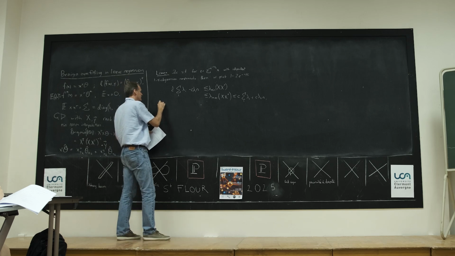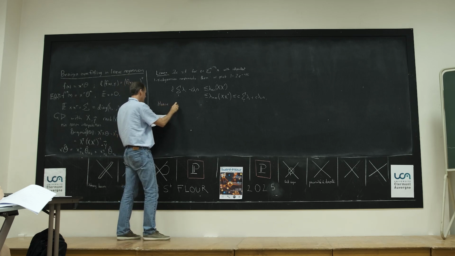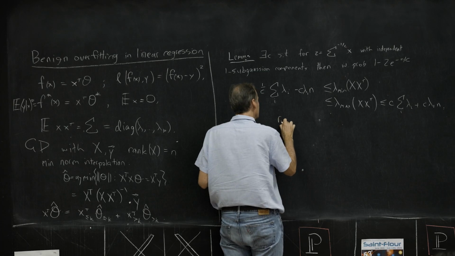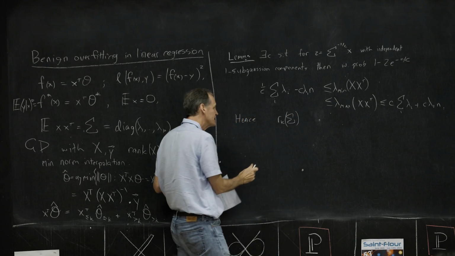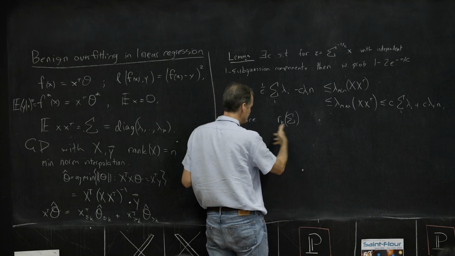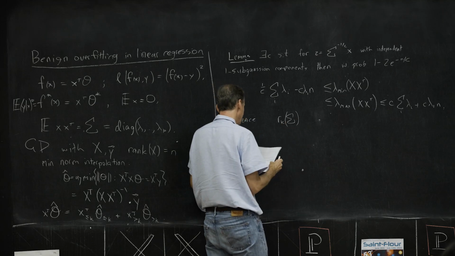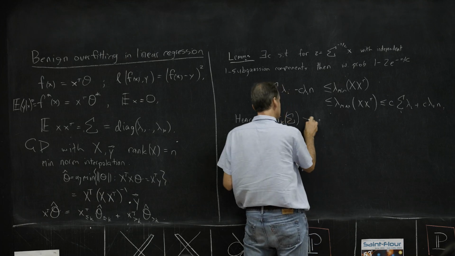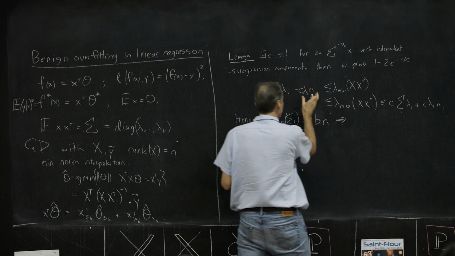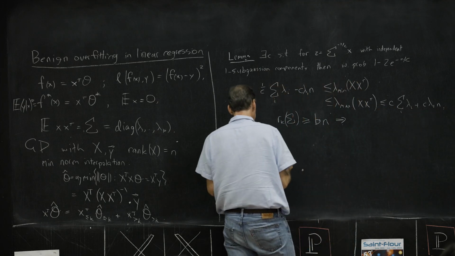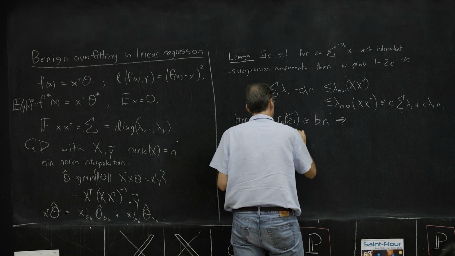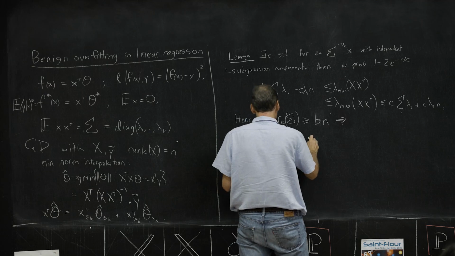And this implies that there are universal constants b and c so that if the effective rank, which is the ratio of the sum of the eigenvalues beyond k to the largest eigenvalue beyond k, is at least a constant times n, then these pieces disappear and we can replace this by a constant times gamma.